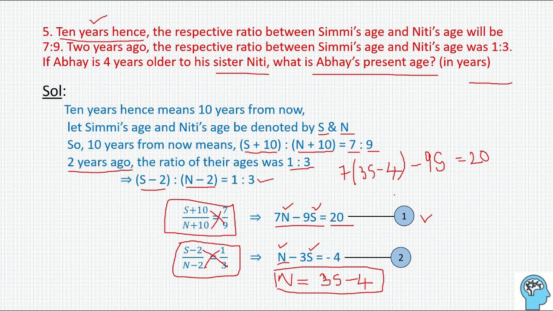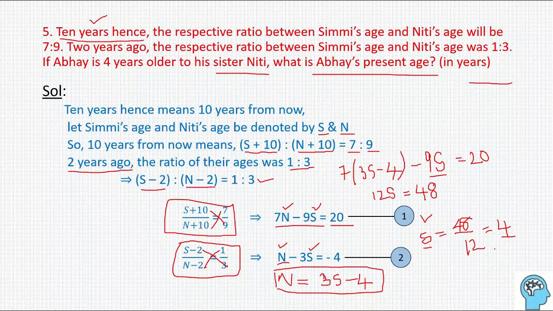So 21S minus 28 minus 9S. 21S minus 9S is 12S, and minus 28 goes to that side and becomes 48. So 12S is equal to 48, S is equal to 48 by 12. The value of S we got is 4. So Simi's present age is 4 years.